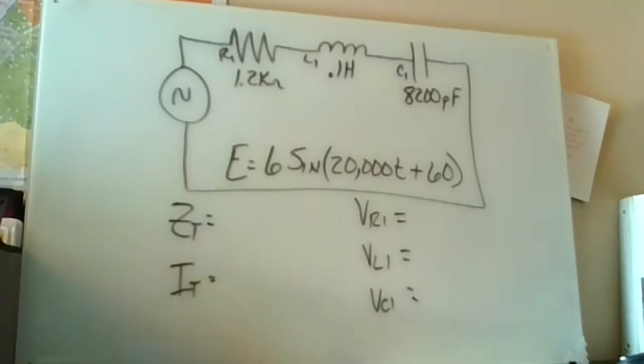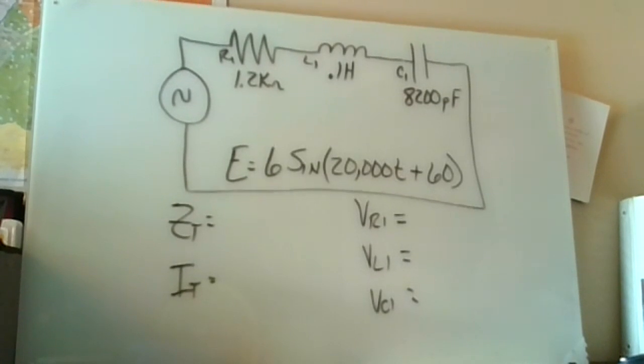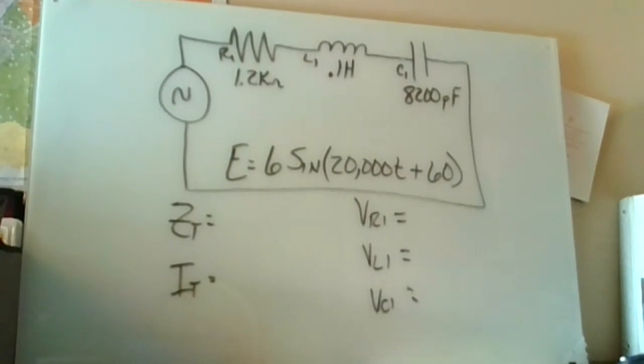So how do I convert sinusoidal to phasor? What's that 6? That 6 tells me what type of voltage? Volts peak to peak, or VRMS? That 6 is volts peak. And my phasor is VRMS, right? So how do I get from peak to VRMS? Divide by the square root of 2.